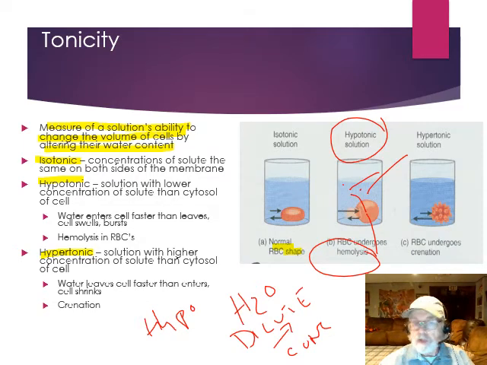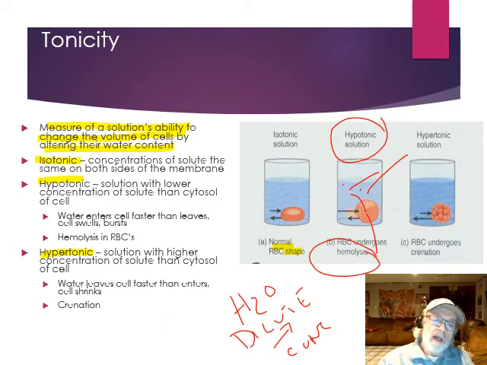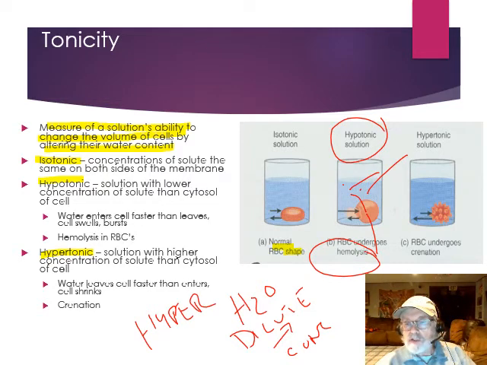It's called hemolysis. On the other hand, if I have something that's hypertonic, hyper means excessive or high. So now let's say I stick that same red blood cell in a solution where we have a higher solute concentration on the outside in the extracellular area and lower on the inside. So the inside of the cell is more dilute, the outside of the cell is more concentrated.